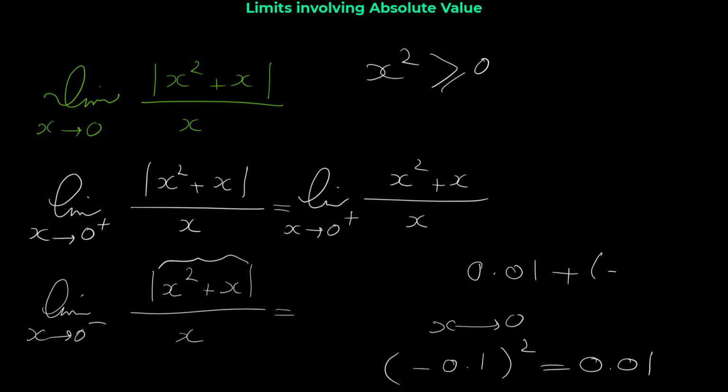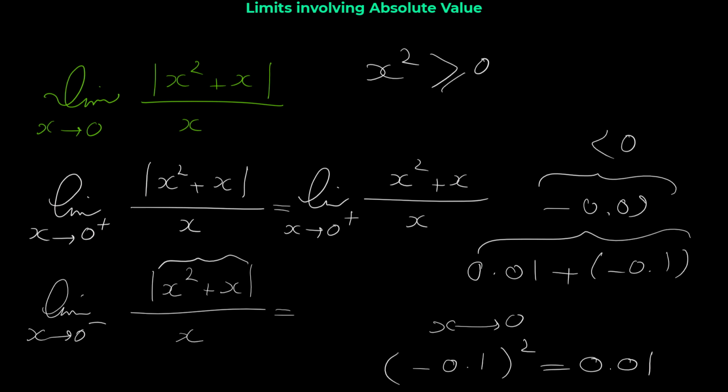But x itself is negative 0.1. The sum of these two is negative 0.09, which is less than 0. But this is not really a mathematical proof. This is just an example that shows the expression inside the absolute value is negative.